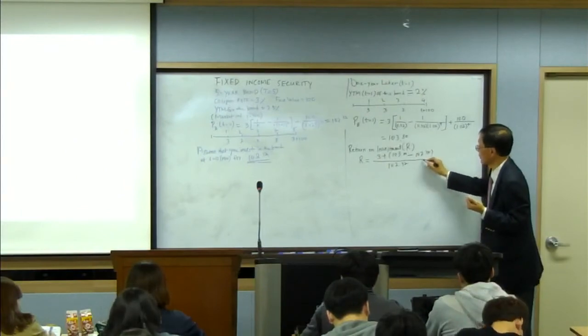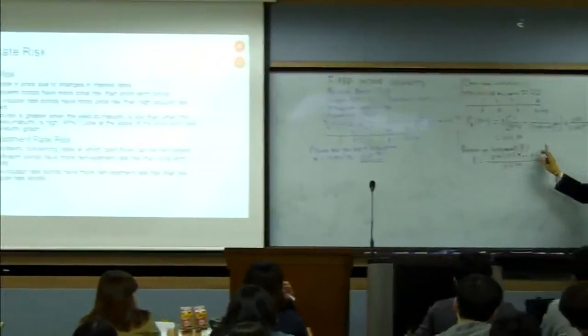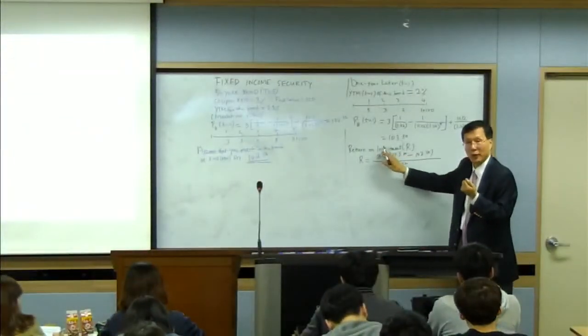That's the original investment price. So this is the capital gain, and this is the coupon.